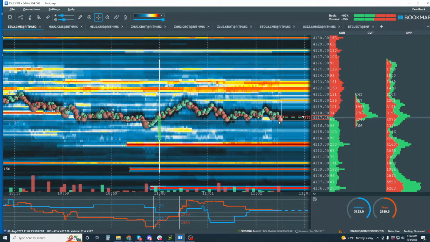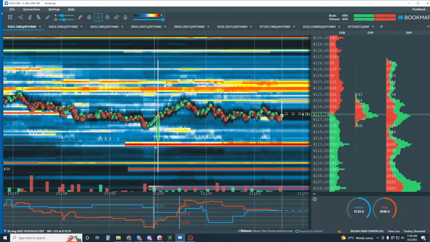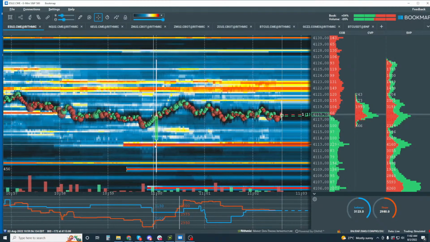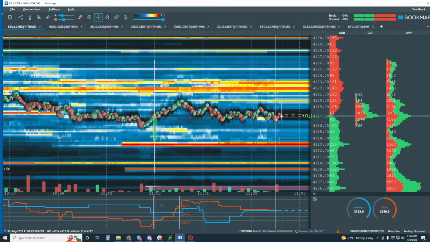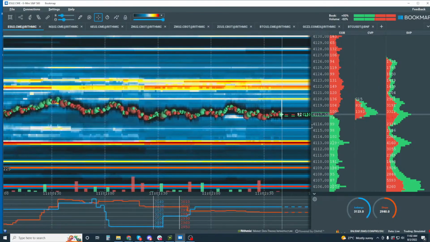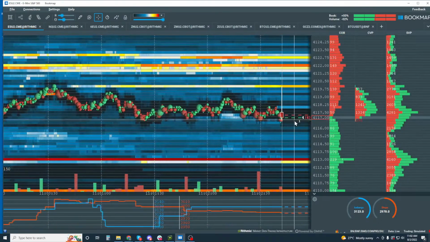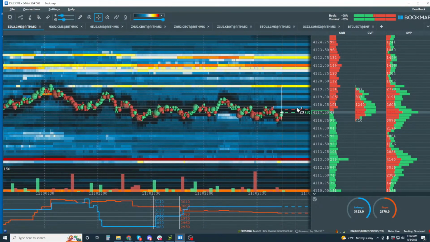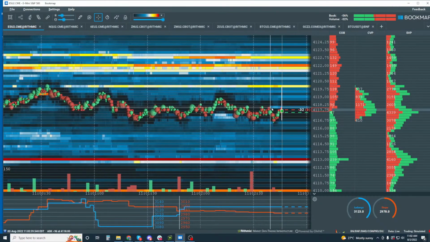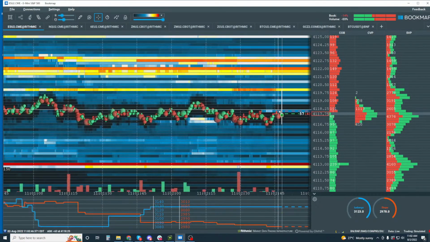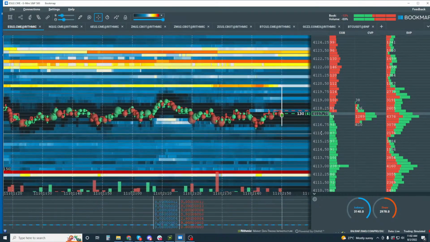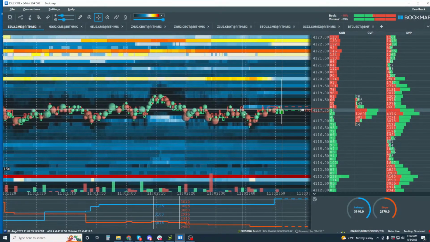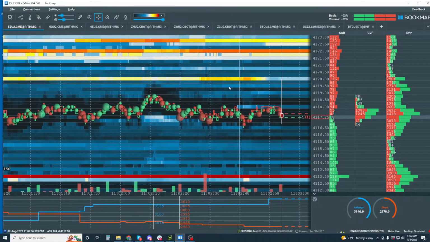Let's see if we get sellers here to try to test down to 13. Okay, we're getting sellers, but they're kind of on the bid here. Here we go, let's see the offer. What's the reaction to it? Well, we kind of found buyers. So I'm not getting much out of this at all right now.